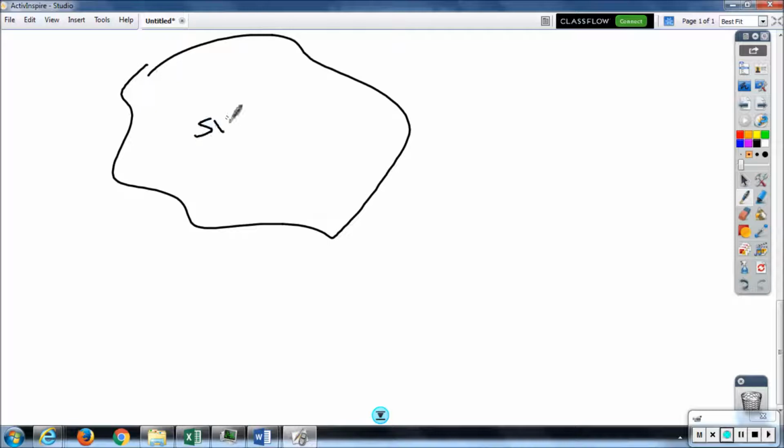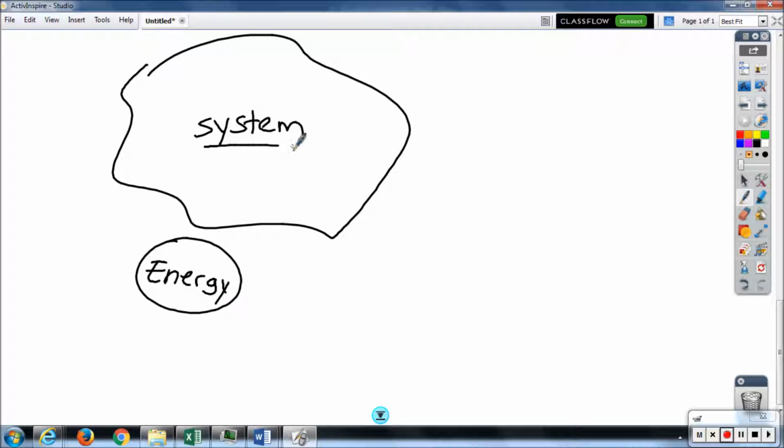So here we have a system, and if you recall, we began using pie charts to represent the amount of energy inside of this system here. So that energy bubble represents the amount of energy in our system.